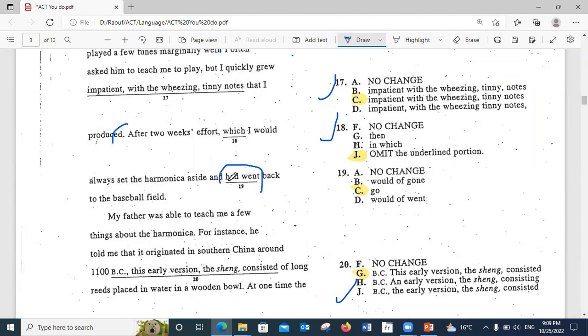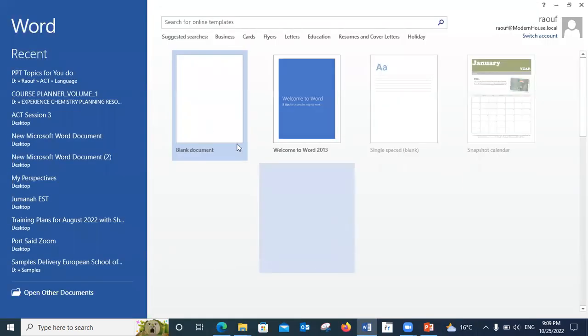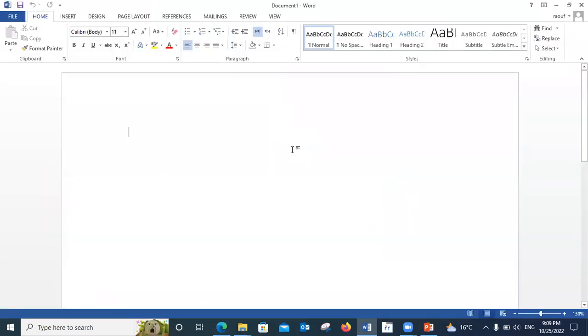If I keep this sentence the same way it is, the word which will spoil the independent clause. What do I mean by this? Look here. I'm going to explain it to you in a word format. I'm going to give you some examples to see what the word which and that do for a sentence.